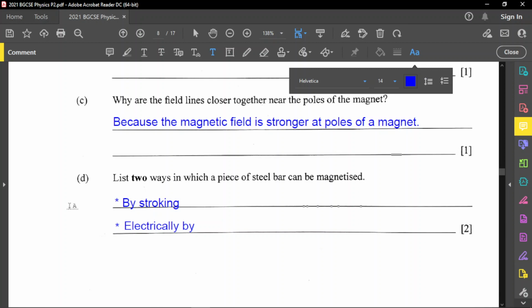Electrically, by placing it into a solenoid, to be specific. If you put the piece of steel in a solenoid, which is a coil of wire wrapped around it tightly, and you put a current through the ends, then the steel will become magnetized temporarily, which is called an electromagnet.